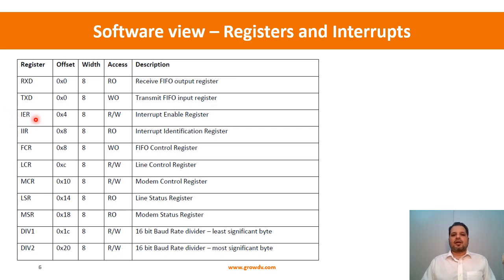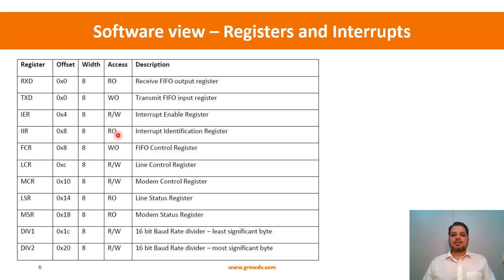Then you have the interrupt enable register, which is at offset 4, width is 8 bits, can be read or written. We will see in the future that there are different causes for the interrupt. When the interrupt should be raised, we can enable or disable here. And then we have the interrupt identification register, at offset 8, width again 8 bits for all registers.